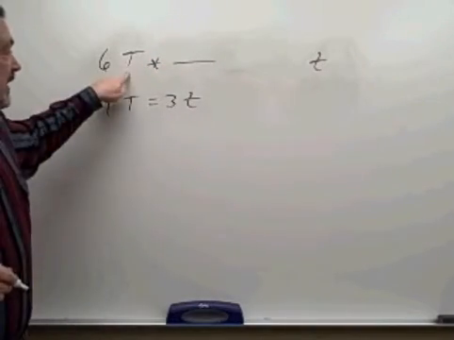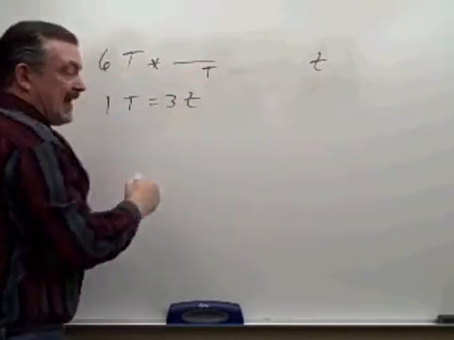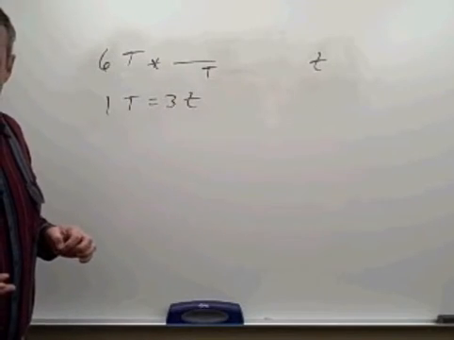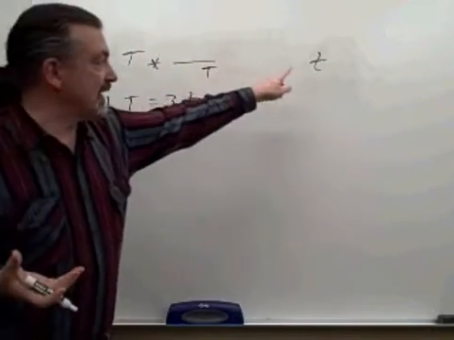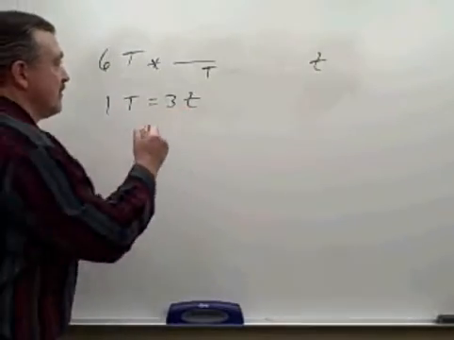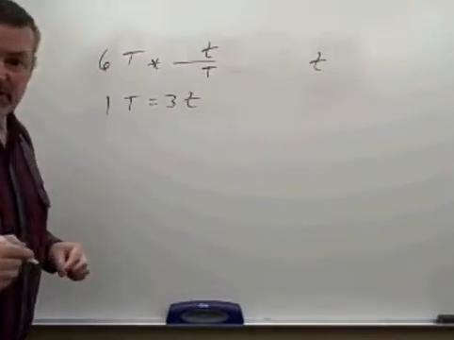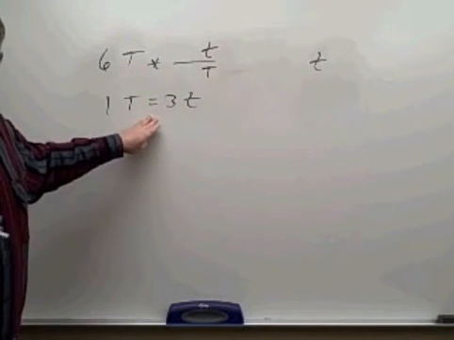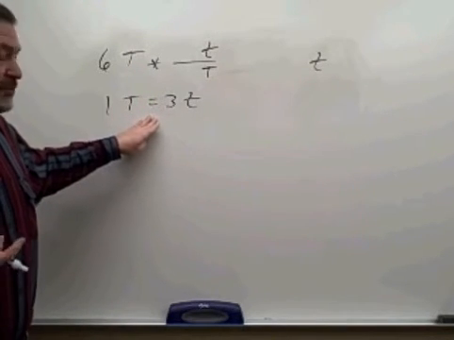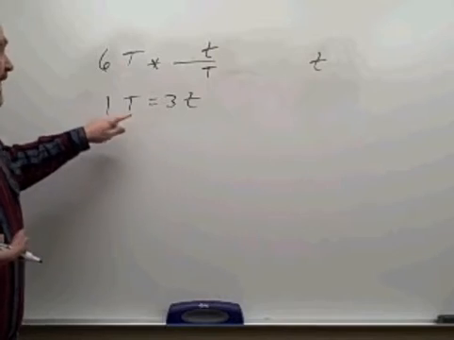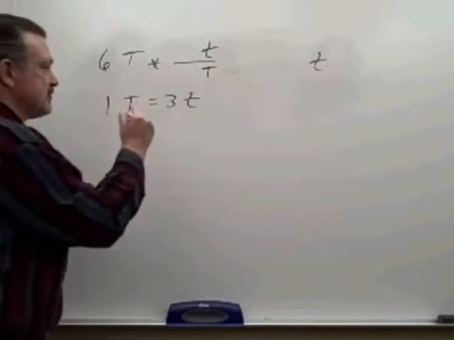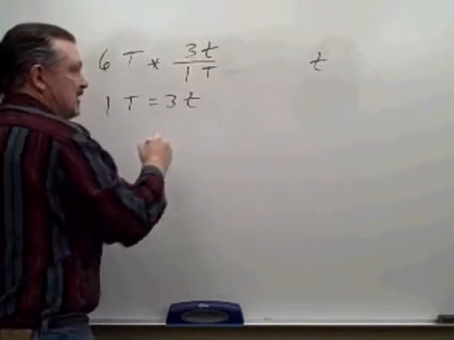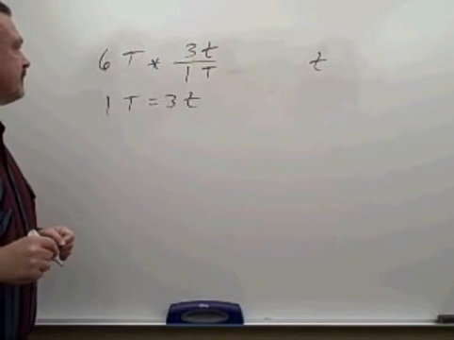So I want to eliminate tablespoons, so that unit of measure needs to go in the denominator. I want to end up with teaspoons, so that unit of measure needs to go in the numerator of my conversion fraction. And now I use this equivalence to tell me what numbers to place into my fraction. 1 goes with tablespoon and 3 goes with teaspoon.